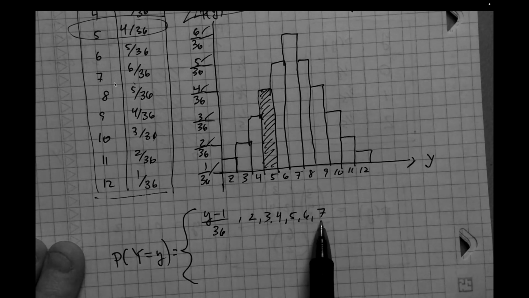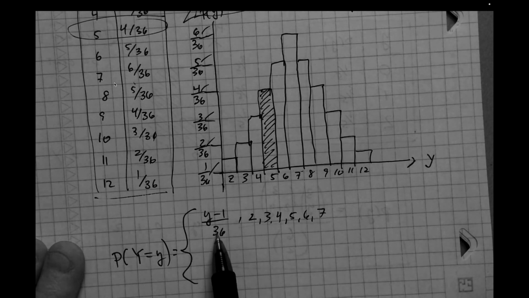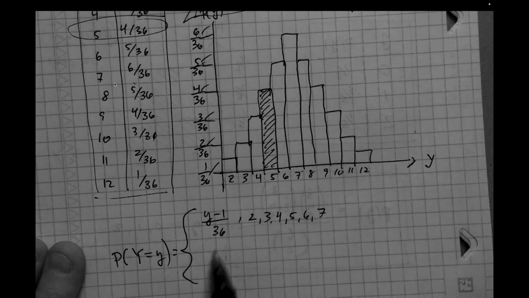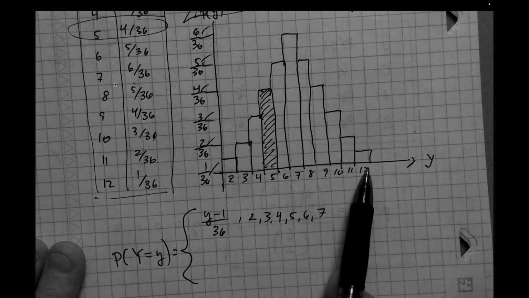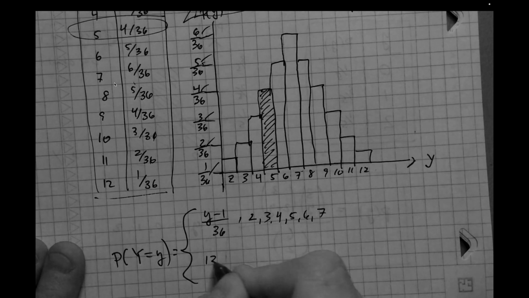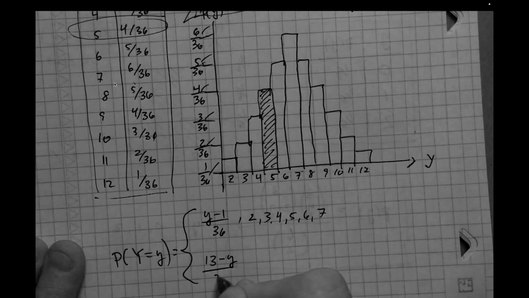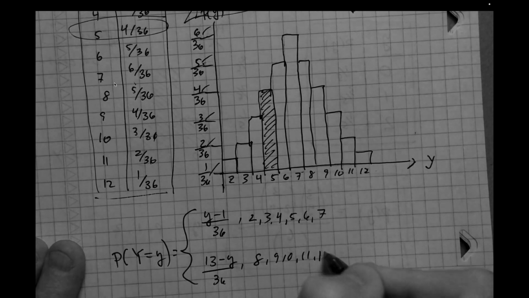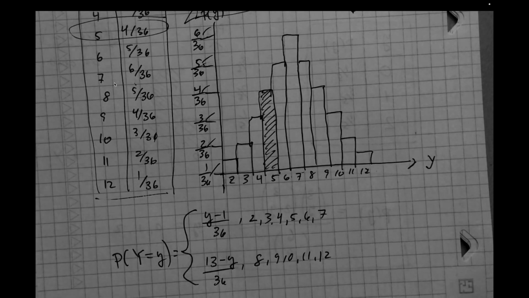If I plug in a 7, it's 7 minus 1 over 36, so 6 over 36, which is indeed what it is. For the other half, we could use (13 minus y) over 36, and that would work for 8, 9, 10, 11, and 12. This is one way to represent it as a formula.